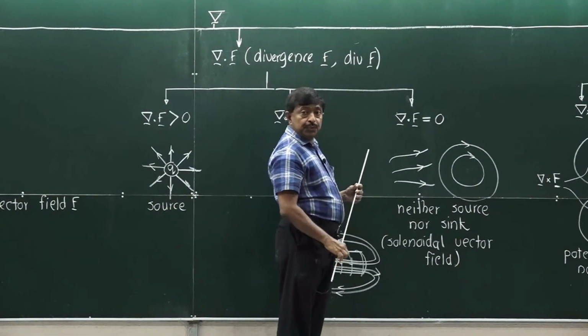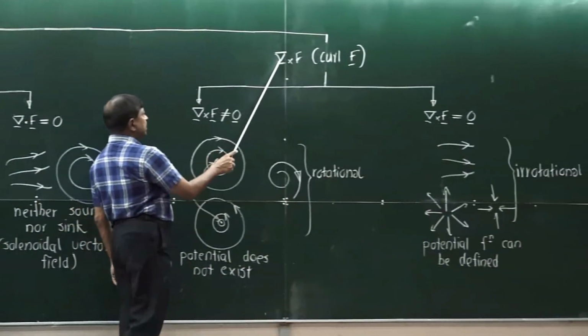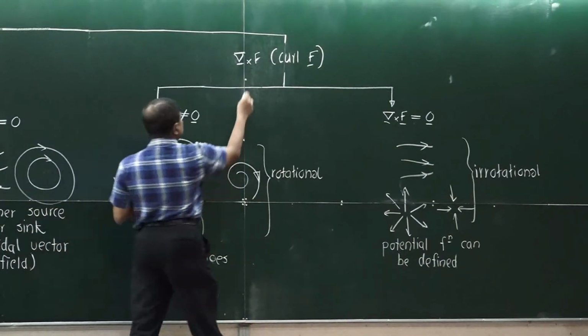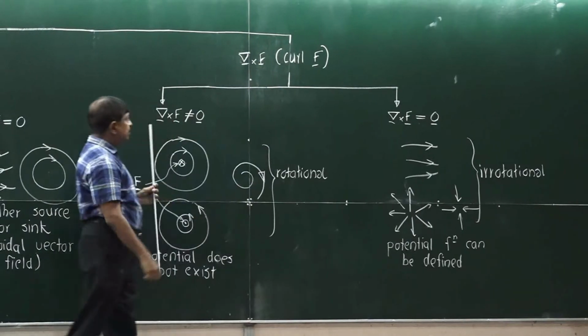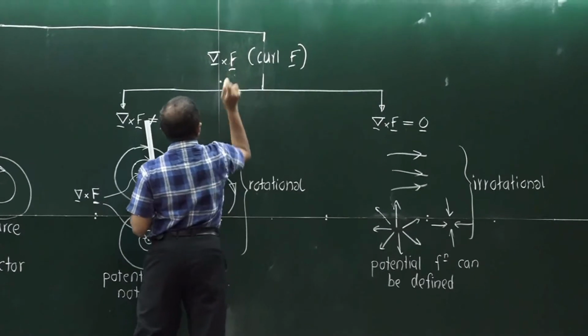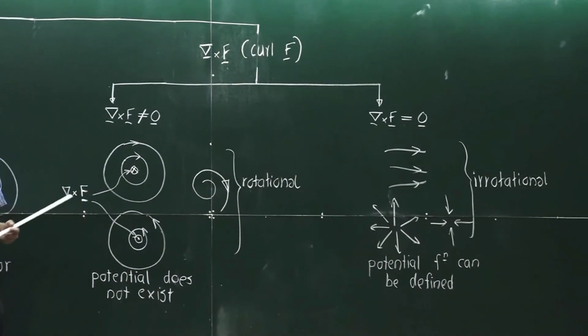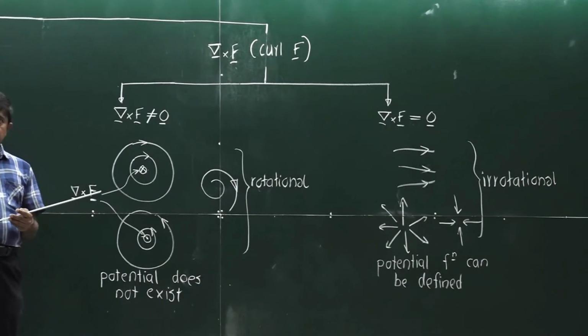Okay, now we will move to the last one. What happens if you take the, here I made a little mistake, this should be a vector. It's called curl F. You know curly hair has some kind of rotation.